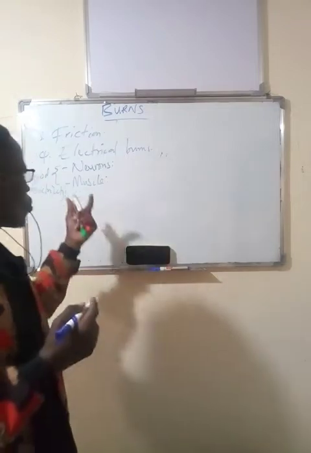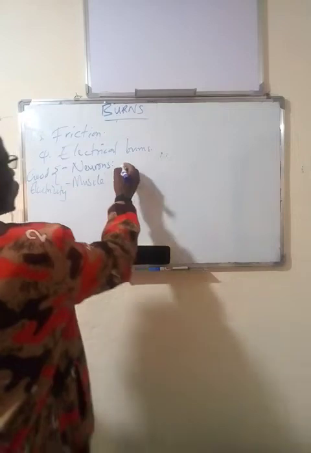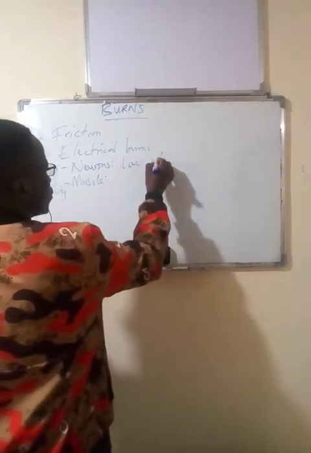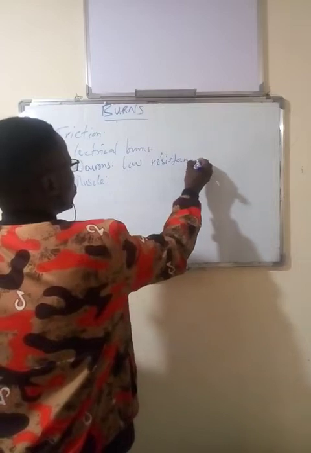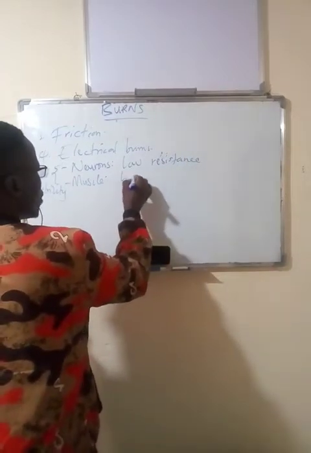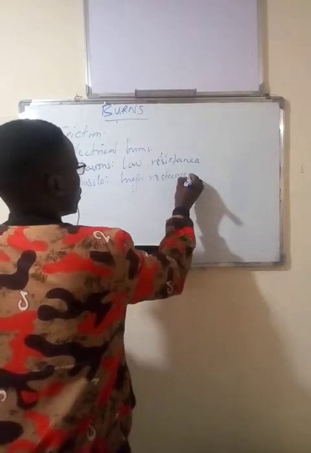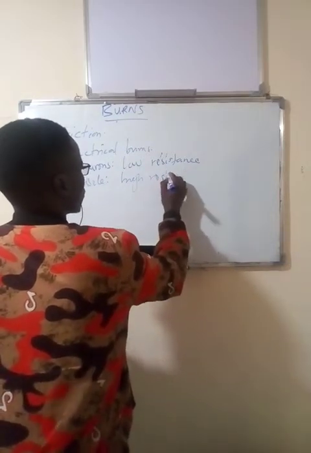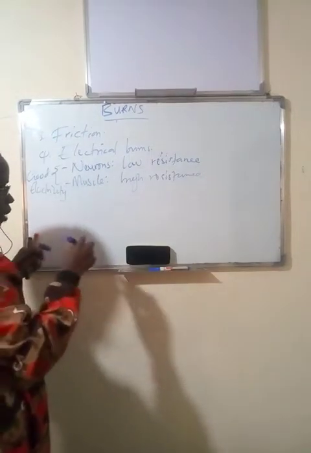Now, when you look at neurons actually, they have low resistance compared to the muscle. These ones have high resistance. Now, what happens is this.